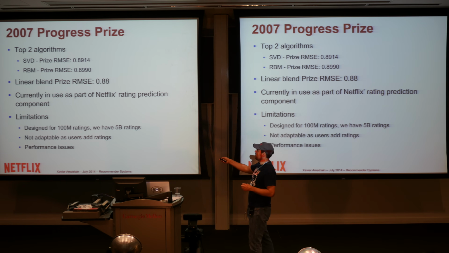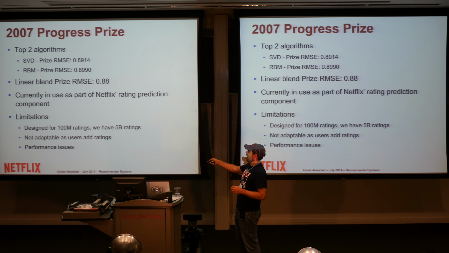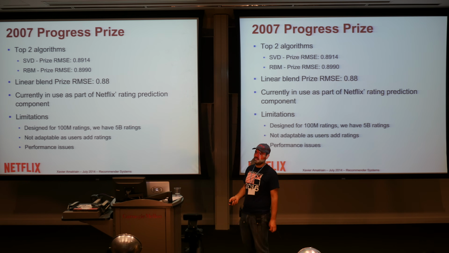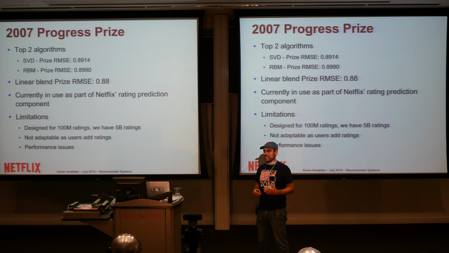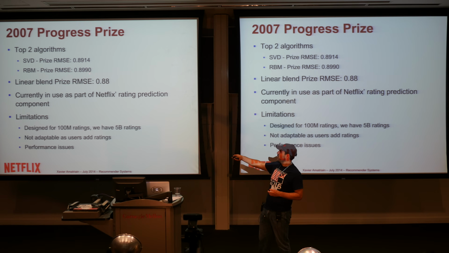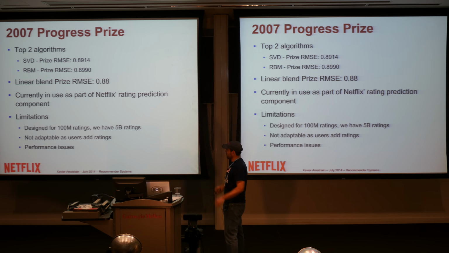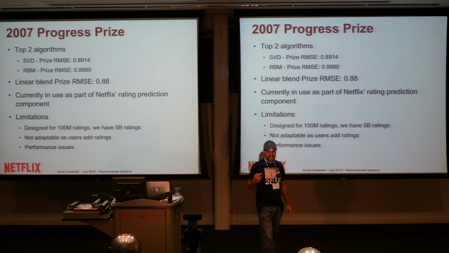That had a root mean square error of 0.89. And then RBMs, restricted Boltzmann machines, which I'll also talk about, a form of advanced neural network. The root mean square error was 0.8990. And a linear blend of these two methods, just a linear regression over those two methods, gave an RMSE of 0.88.